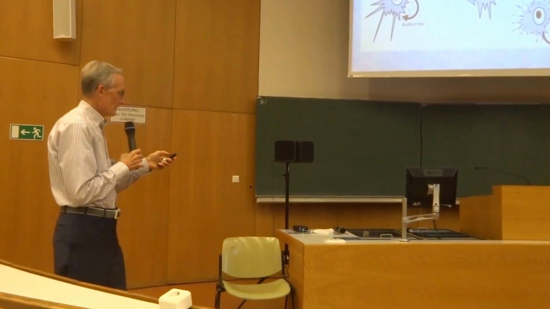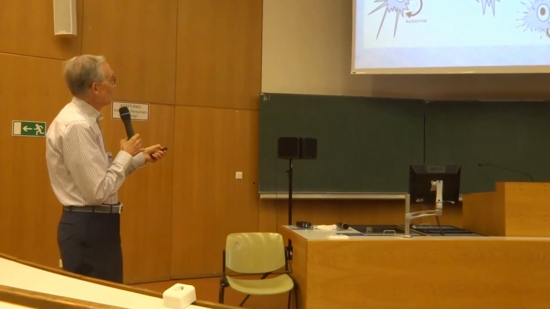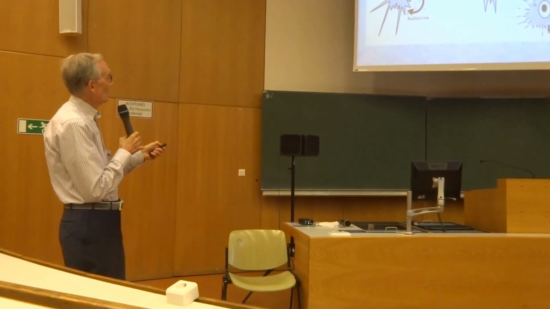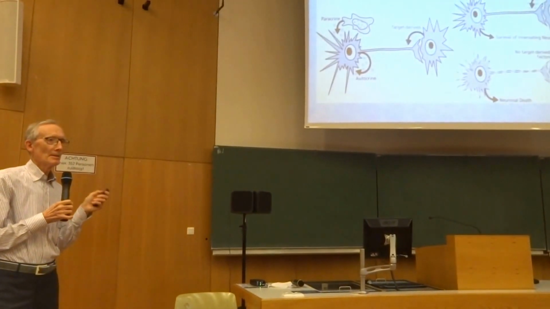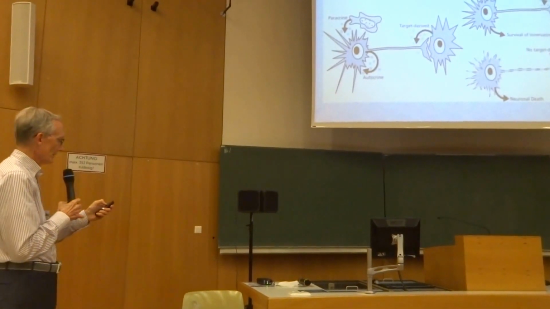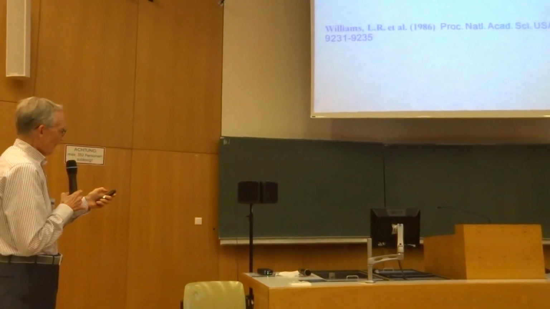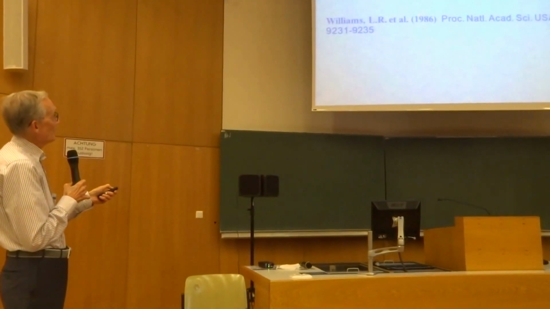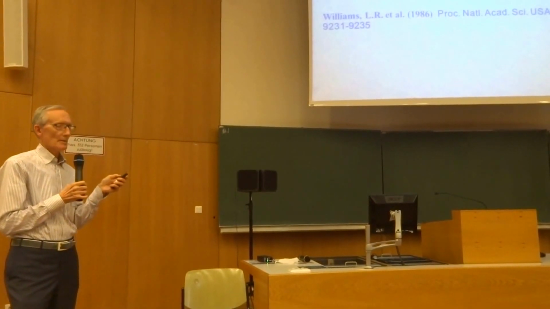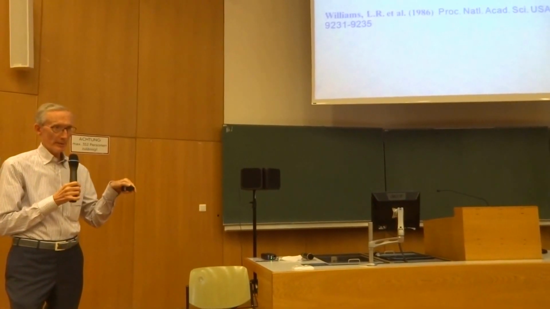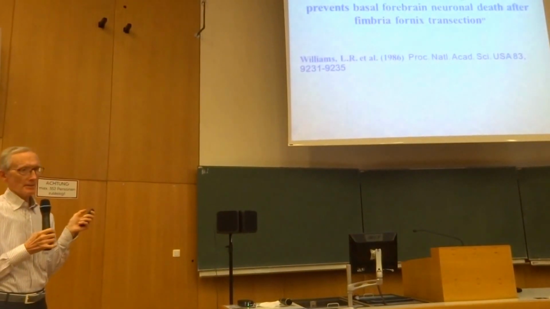Now, people thought, well, if you cut that and these cholinergic neurons die, what happens if you can give NGF in the lesion and save them from dying? In fact, you can. The first papers came out in 1986, showing that if you infuse NGF into the basal forebrain following transection, you in essence rescue these cells.